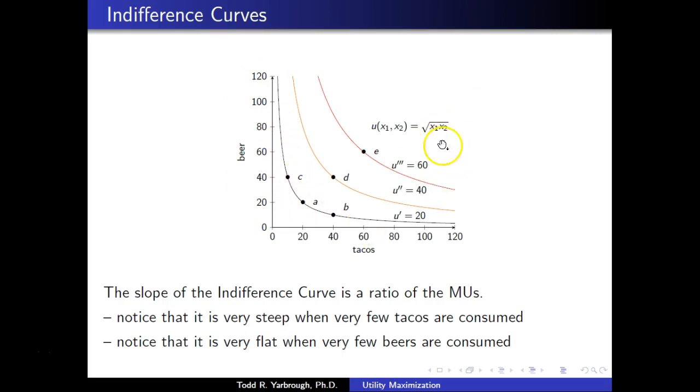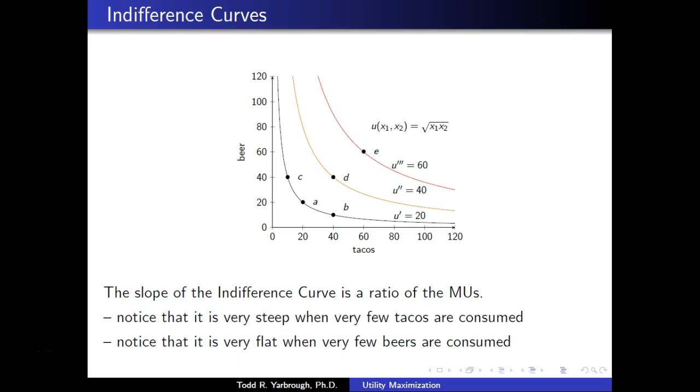We could literally just plug in values of x1 and x2, and it would allow us to plot out these indifference curves. We're not going to do it, but again, I just want you to see this is how economists see consumption. I want you to see a little bit of how the sausage is made, so to speak. Now, the shape of the indifference curve is crucially important here, and it's actually shaped by our preferences.